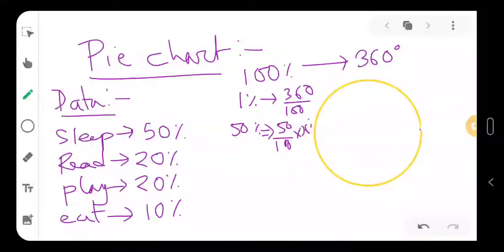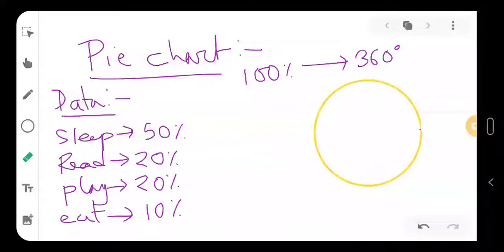So this is the formula we will be using here. In order to understand how much degree we have to draw, this is a conversion, you can say. So 50%, that means how much angle? 50 by 100 into 360.